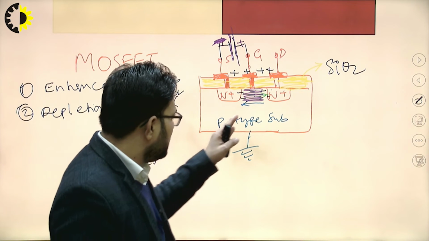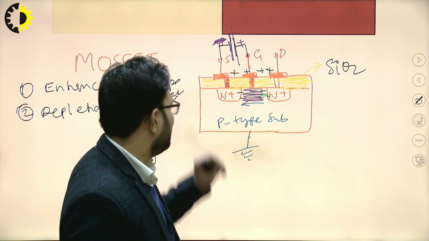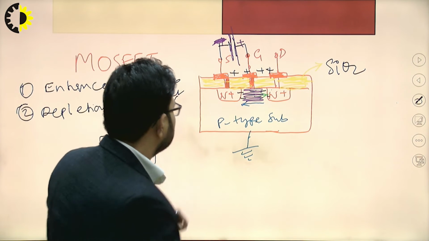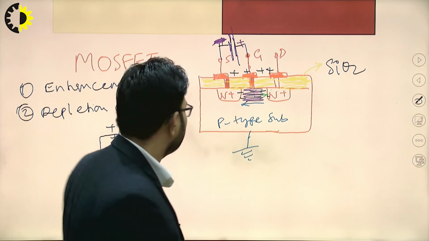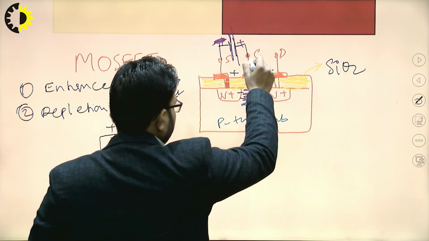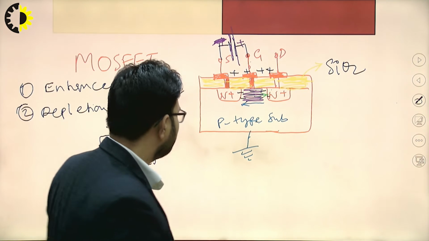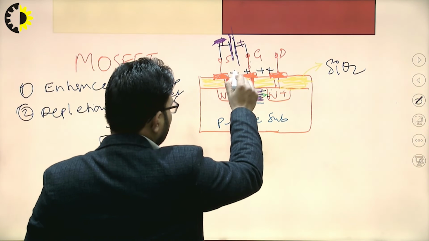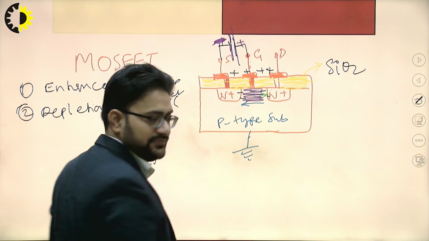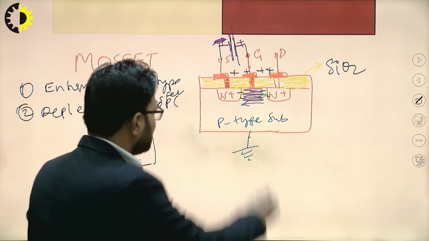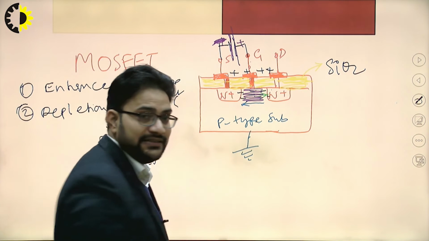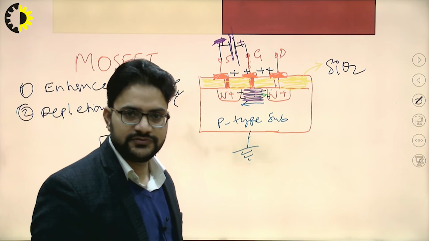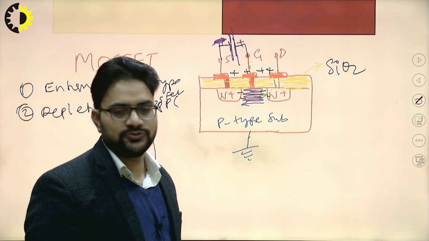So whenever we connect this gate side to the negative terminal, right? Correspondingly, at the upper side we have electrons, and in this diffused channel, there will be positive ions.